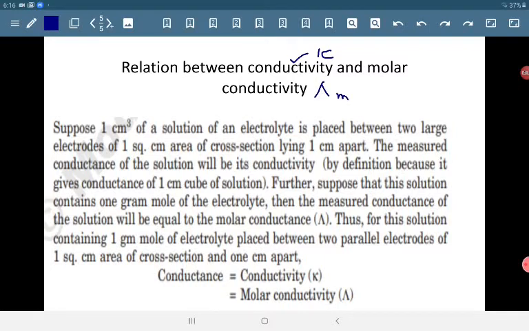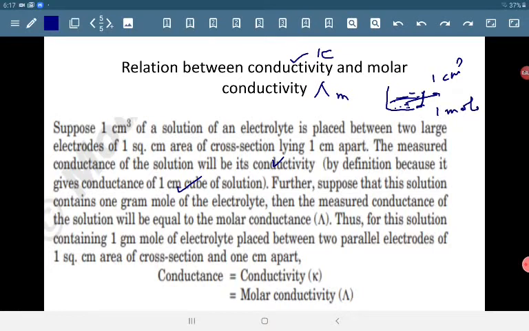Now suppose we take a solution whose volume is 1 centimeter cube, and some electrolyte is taken. The conductance of this solution will be termed as conductivity, because by definition the conductance of 1 centimeter cube of the solution is termed as conductivity. Now let us suppose that this solution contains 1 mole of electrolyte dissolved in it.